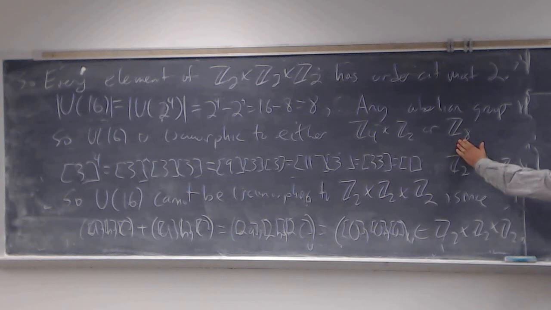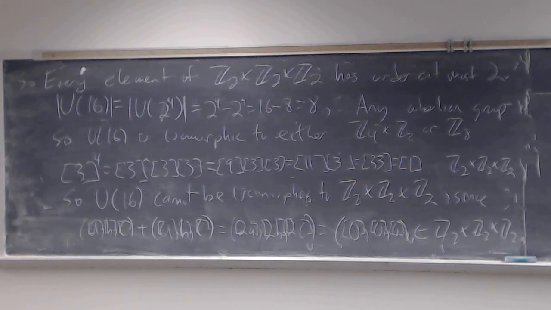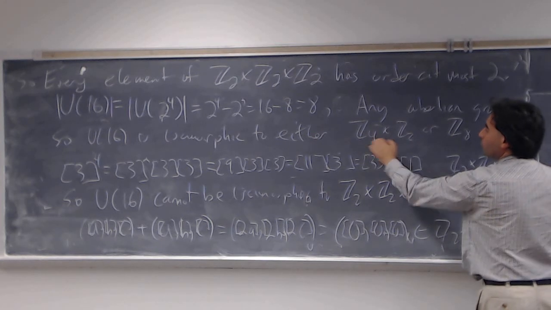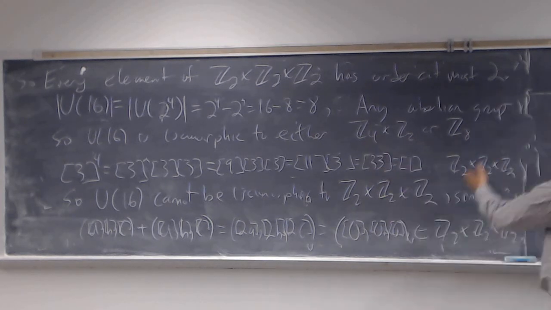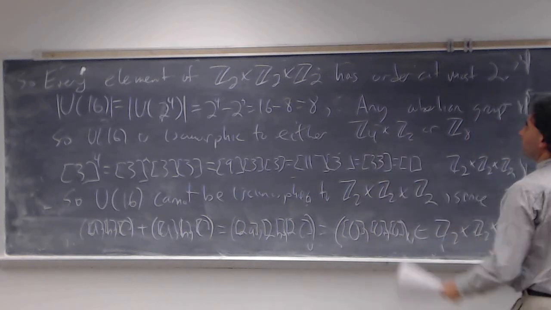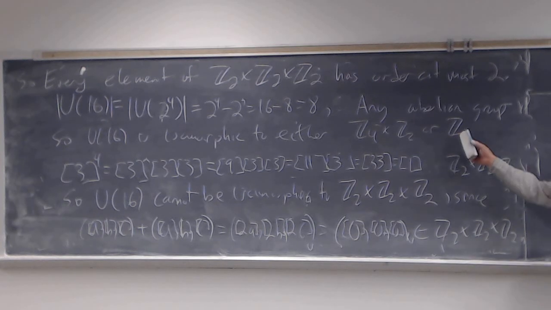Well, Z8 is cyclic. This group is not cyclic. If you add any element here to itself 4 times, both components would be 0, so every element in this group can only have order 4 or less. They still both have 8 elements. So really that determines whether it's cyclic or not. Z8 is a cyclic group.